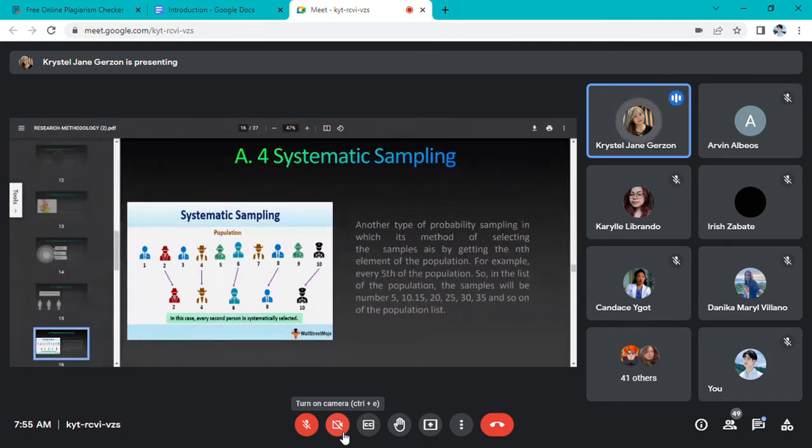So your population is STEM students. You list all the STEM students and assign them numbers. Once the numbers are assigned, you decide, for example, to get 30 respondents. So 30 is the number of respondents we need from STEM.